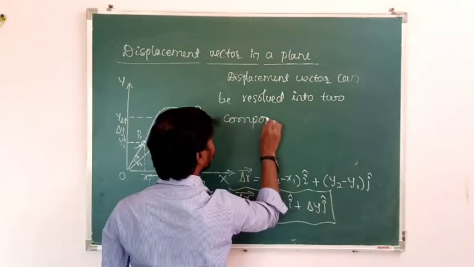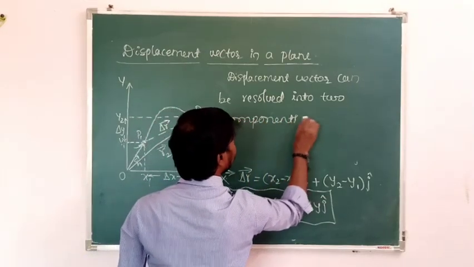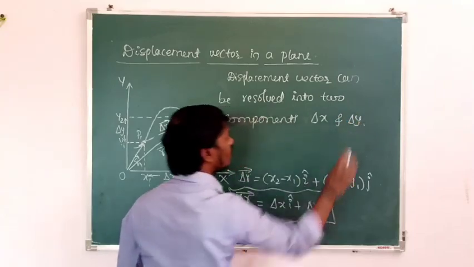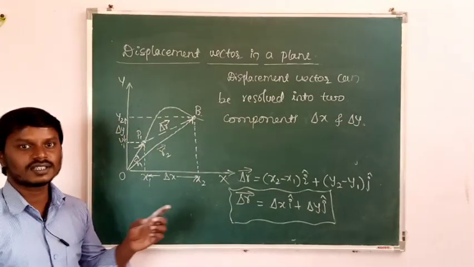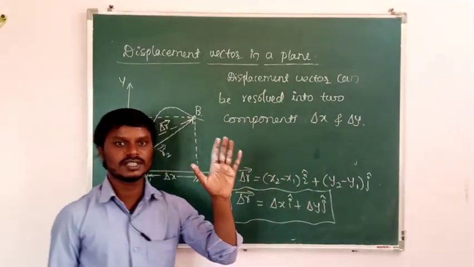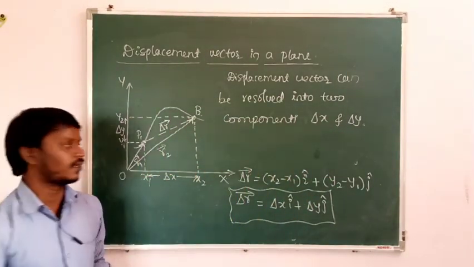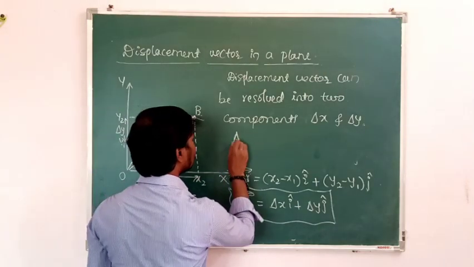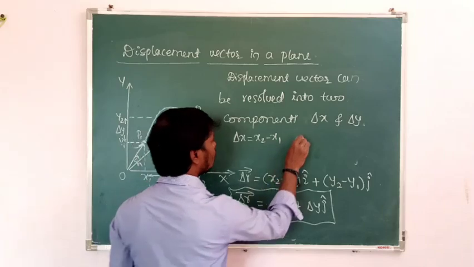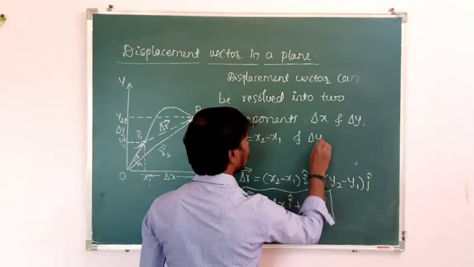What are those? Delta x and delta y. Delta x is the x component of the displacement vector, and delta y is the y component of the displacement vector in a plane. So delta x is nothing but x2 minus x1, and delta y is nothing but y2 minus y1.